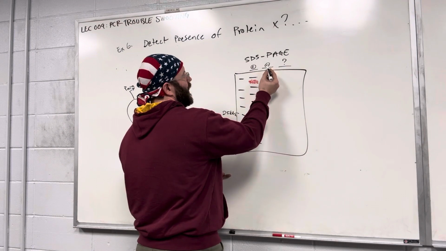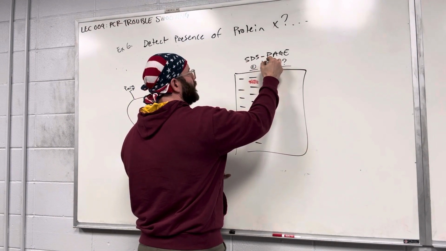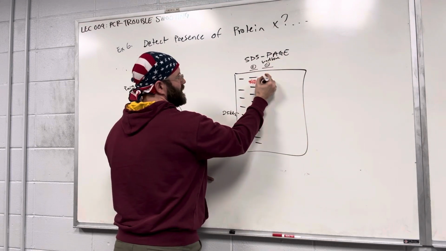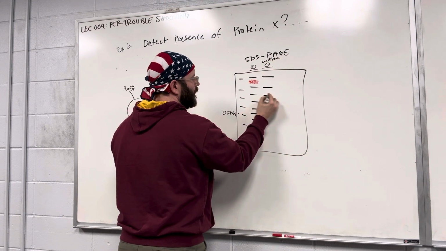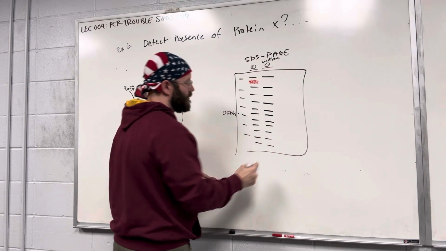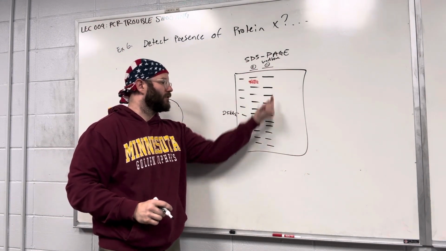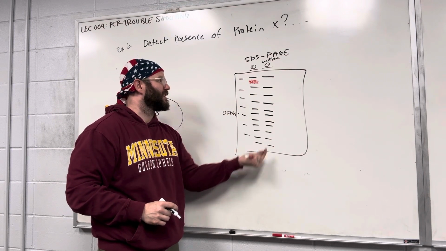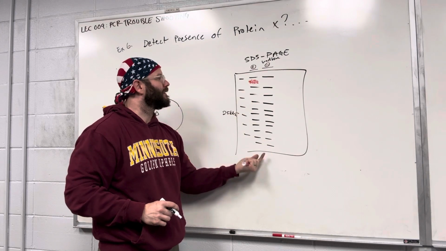That'd be a good negative control backbone. And if that was the case, you would see this. The pattern of global proteins in E. coli would look very similar to your positive control, except it's missing that LacZ, okay?